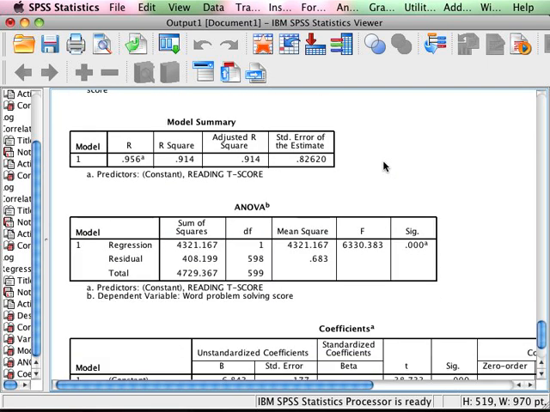If I want to look at my model summary, if I asked you what percentage of variation in word problem solving I can explain by somebody's reading scores, what would your answer be? Would you go with the 0.956, the 0.914 here, or the 0.914 there, or the 0.826?